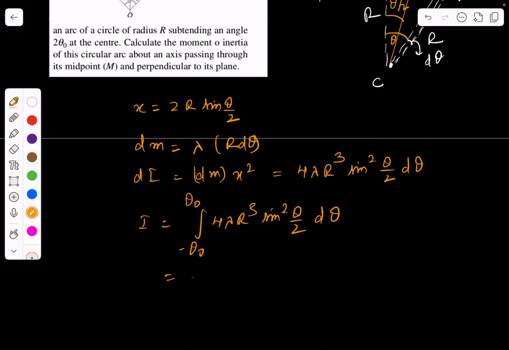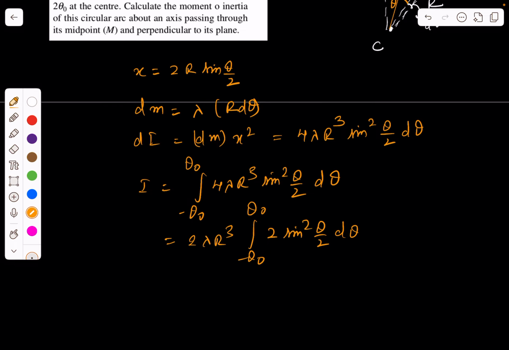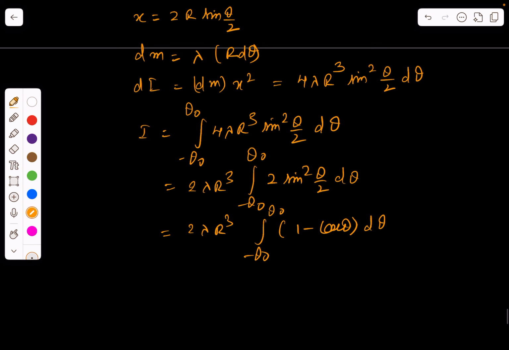So let us take 2 lambda r cube outside and keep a 2 with sine square theta by 2 into d theta, and then use the formula for 2 sine square theta by 2. We know that this will be equal to 1 minus cos theta d theta from minus theta naught to plus theta naught, and so on integration this will give us 2 lambda r cube times theta minus sine theta from minus theta naught to plus theta naught.